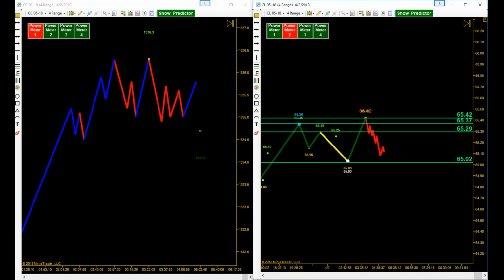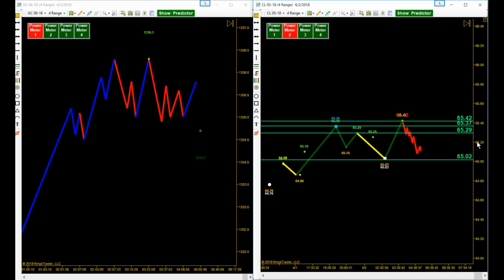Basically, what you want to do on your chart is draw these areas that the lightning draws, because lightning 3, to give an example, is this power meter right here. Lightning 4 is this one, lightning 2 is this one here, and lightning 1 is power meter 1. So right now you're looking at lightning 1.